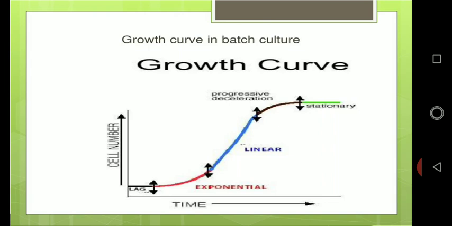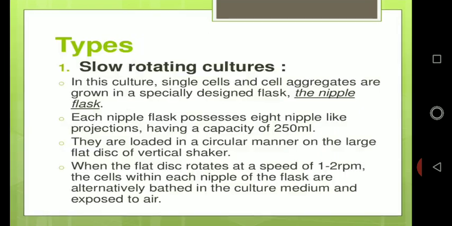Then there is a stationary phase. After that stationary phase, the cell number does not grow because the cells have consumed all the nutrients inside that particular flask. And remember that in batch culture we are neither adding nutrients nor removing any cells. So the cells have consumed the nutrients and then there is a decline phase. So this is the growth curve of batch culture.